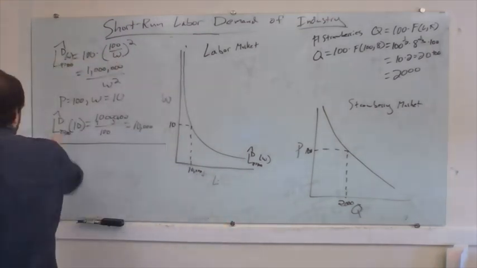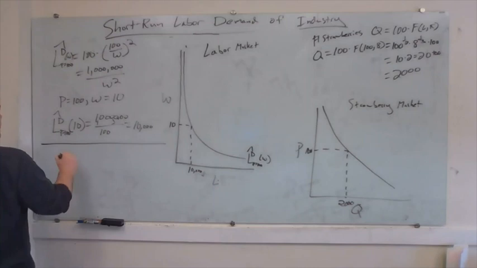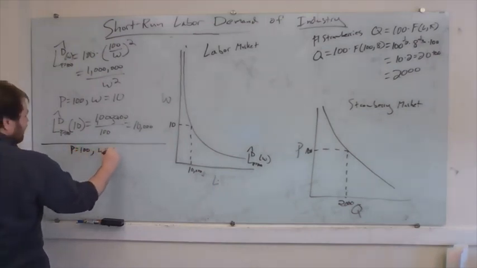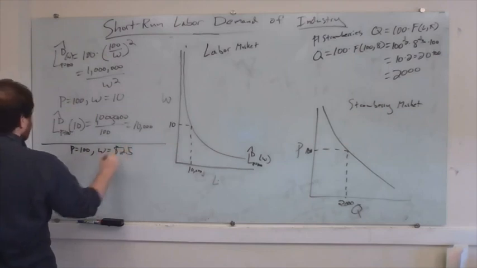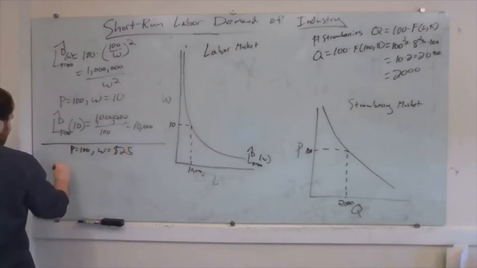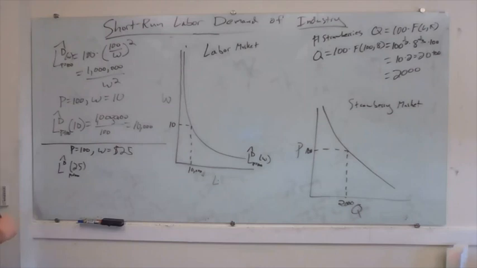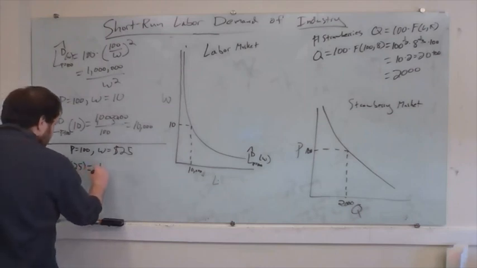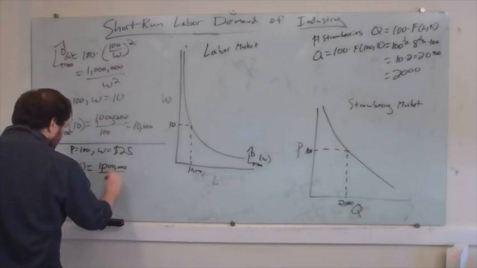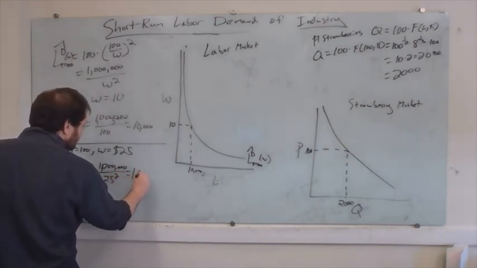Well, if we just use our LD hat here, our naive one, with a price equal to 100 and a wage equal to 25, then LD hat at P equals 100, or 25, would equal 1,000,000 over 25 squared, which is going to be 1,600.